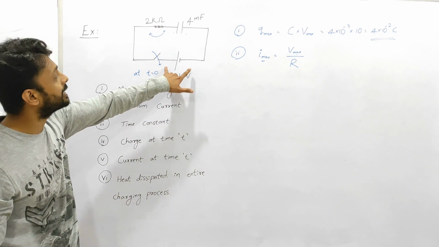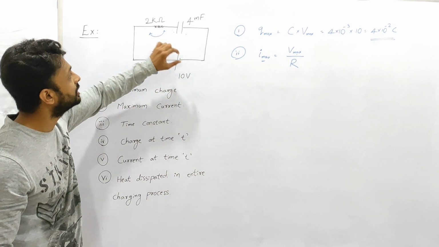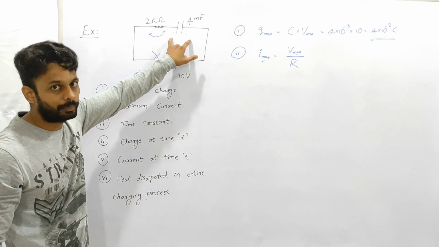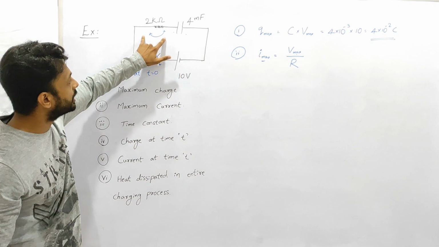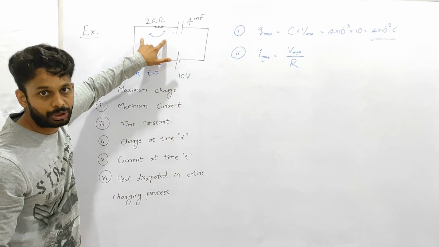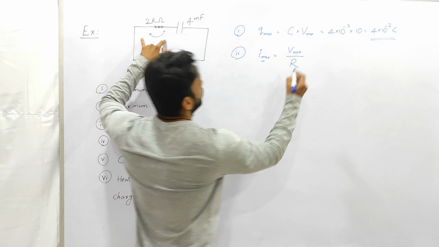And when do we have that maximum potential difference across the resistor? When all the potential difference is across the resistor and the capacitor's is 0. So the maximum potential difference is 10 volt at the instant t equal to 0.